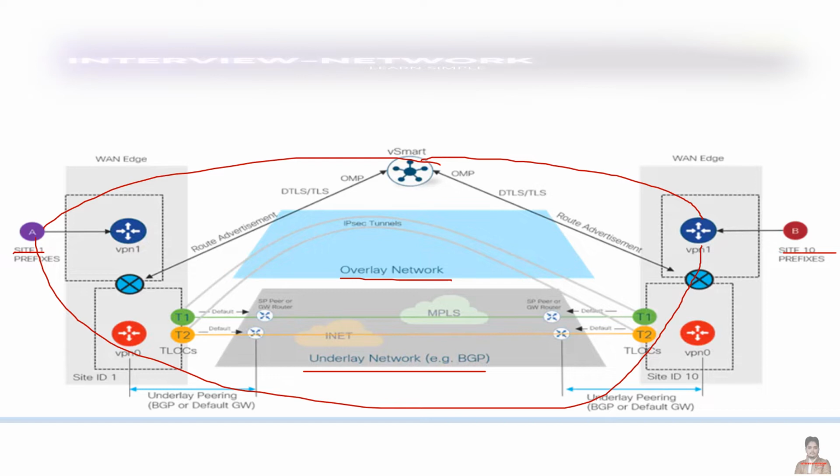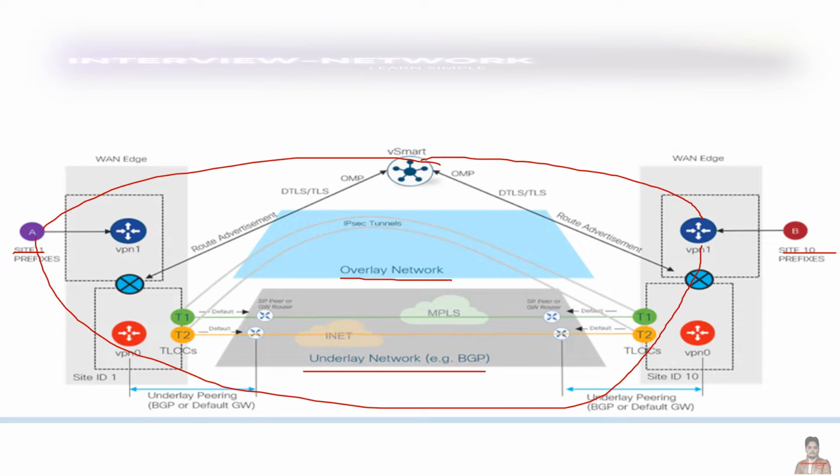But if the issue is within the underlay itself, for example a communication issue between two edge devices, it can be because of a configuration issue on the underlay, or an issue with the DTLS communication that happens via vSmart. So first we should focus on where the issue lies, and then move on to troubleshoot. Let's start with the kind of problems we face in SD-WAN boxes and what steps we should take to restore the services.